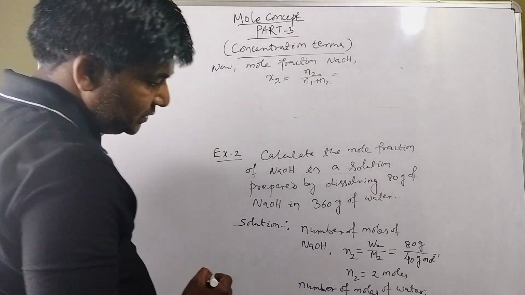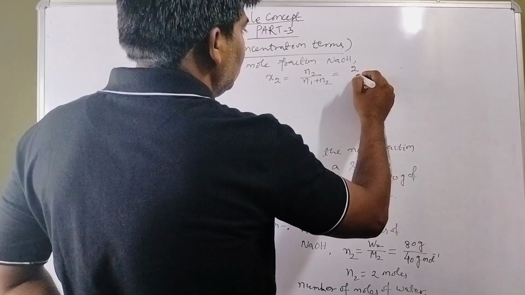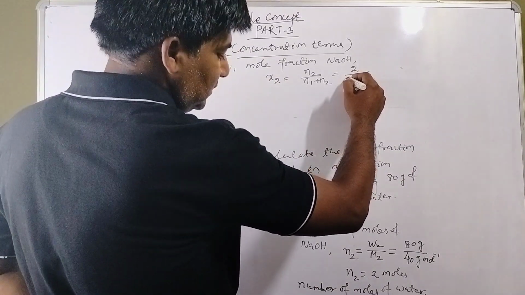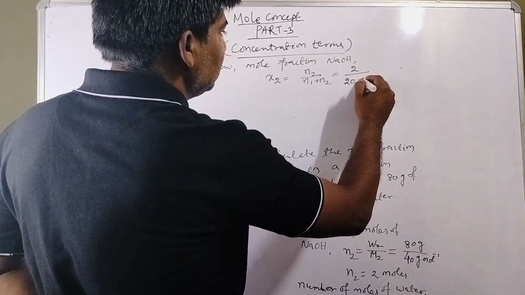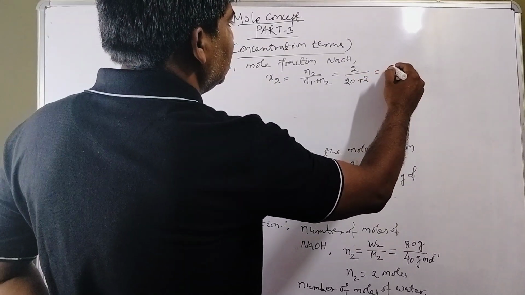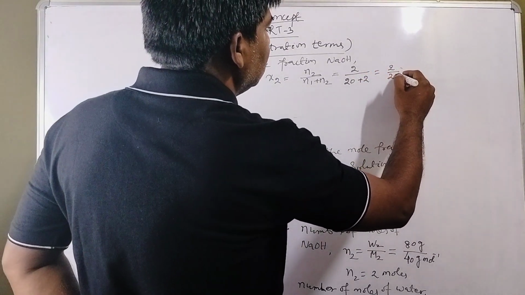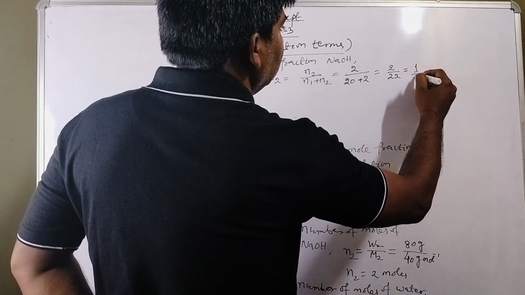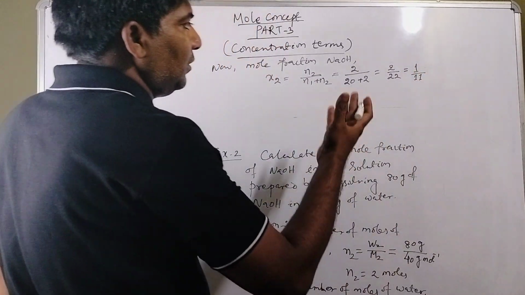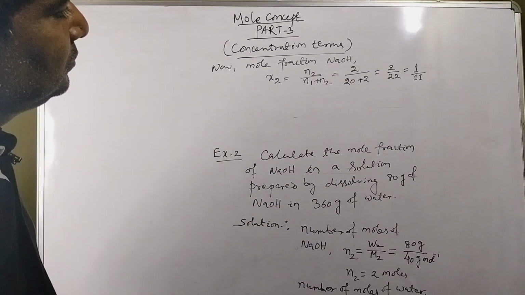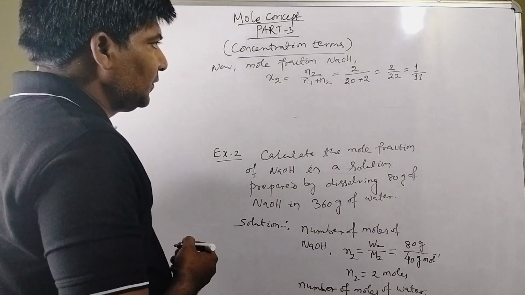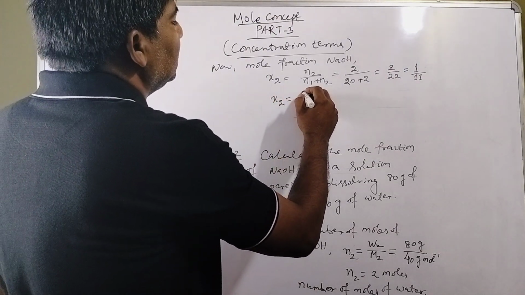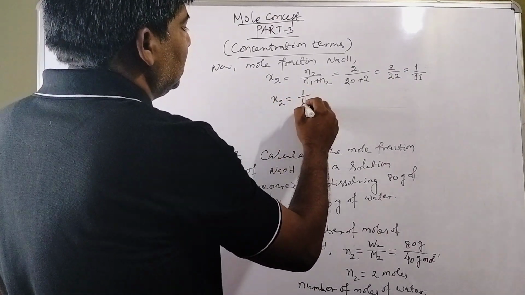So here n2 is 2 moles and n1 we have got 20 moles plus n2 is 2. So that gives 2 by 22 or 1 by 11. We can convert the mole fraction into decimals also. Thus we get mole fraction of solute is 1 by 11.